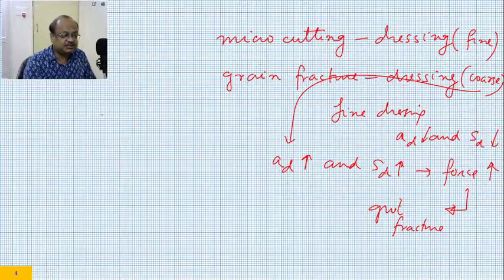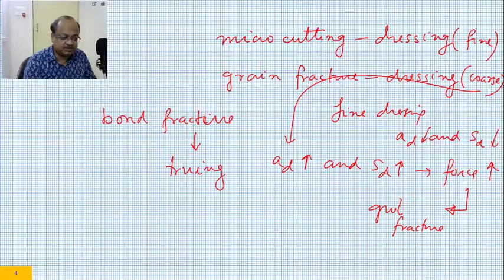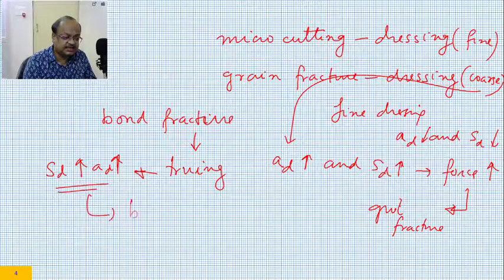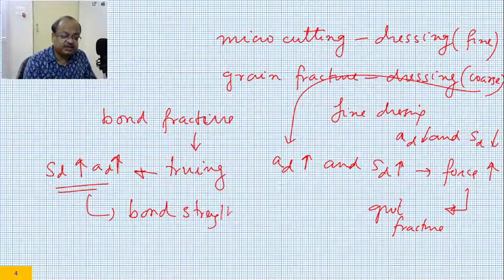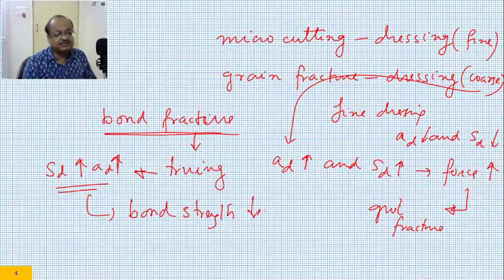The other option is bond fracture. Bond fracture is desirable during truing process. For that to happen, two things are required: SD and AD to be large. Another thing is that if the bond strength or hardness of the wheel is less, then bond fracture will take place readily.